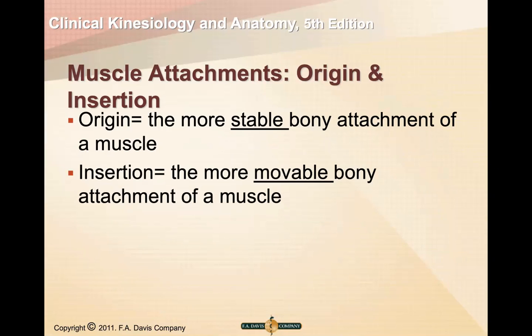So every muscle has an origin, basically the more stable end of the muscle, and it's more bony and attached to a bone by a ligament. And then you've got the insertion, which is the other end of the muscle, and it's the more movable end of the muscle, and it has a bony attachment there by a ligament.